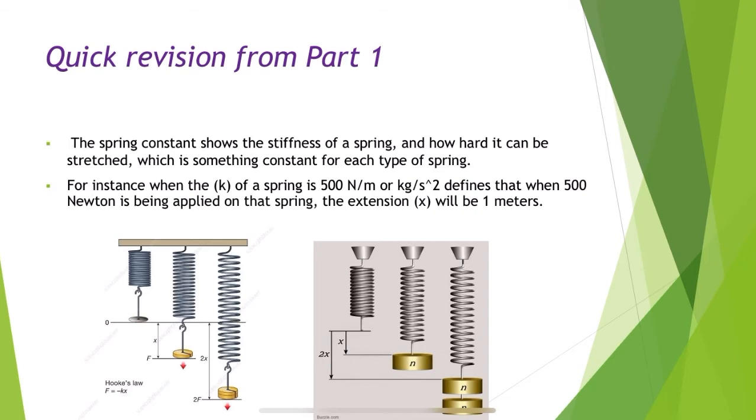On the other side, in the left picture, when a load which has less mass compared to N is applied to the spring, the extension will be the same. It will be X, as you can see. So two different loads applied to two different springs give the same extension.